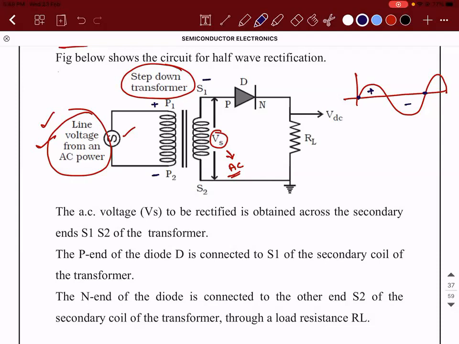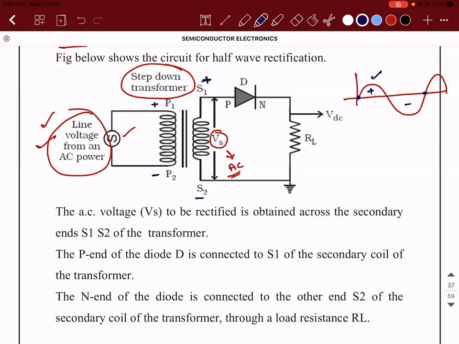This will also be positive and this will be negative. That's what the basics of a transformer tell us. Am I right or wrong? So P1 is positive, P2 is negative, during the positive half of the cycle.